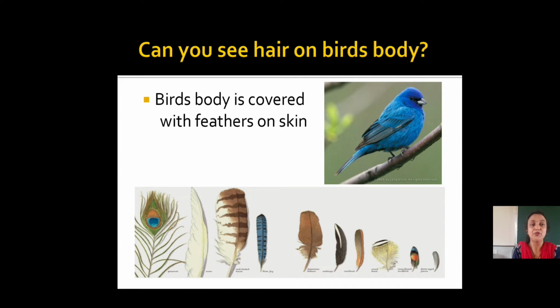We have shown you different kinds of feathers on the screen, from small feathers to big feathers. So the bird's body is covered with feathers on the skin. It doesn't have hair, and you cannot see ears of birds in the picture.